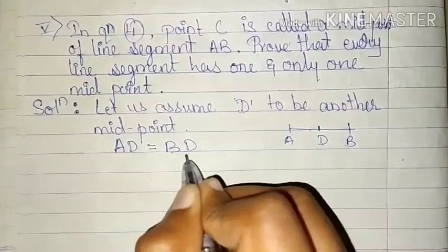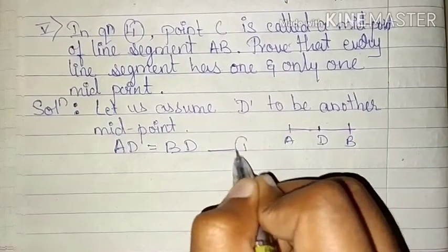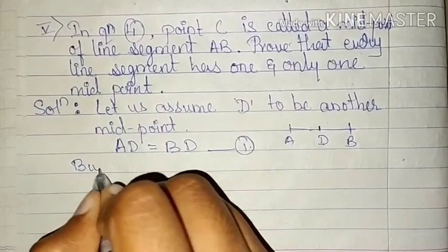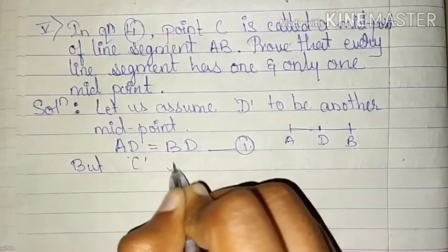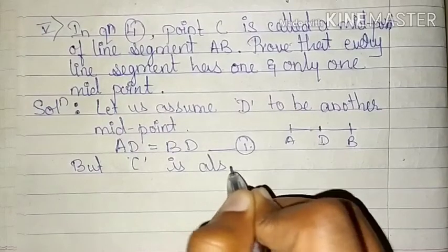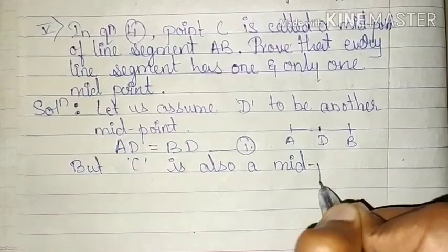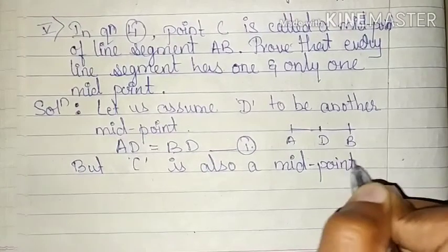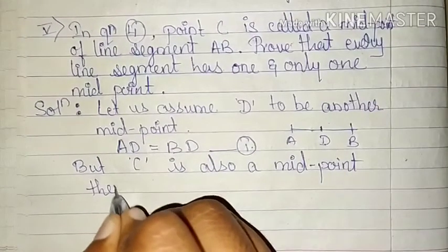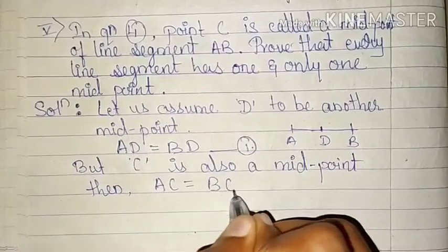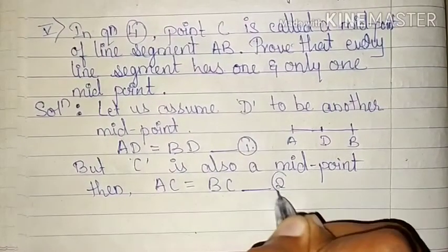So that will give us AD is equal to BD. This is our first equation. But C is also a midpoint, right? C is also a midpoint. Then AC is equal to BC. This is equation 2.